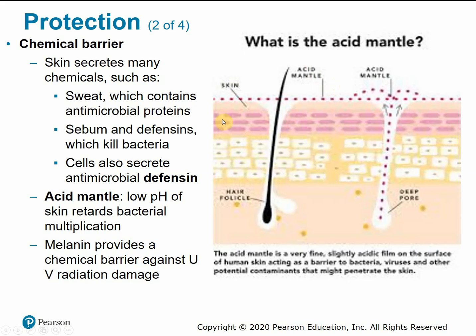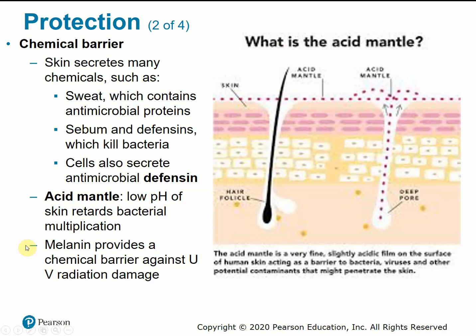We also have what's called the acid mantle that helps prevent bacterial invasion of the skin surface. Basically, the secretions of the sweat and the sebum make the skin surface very acidic. The bacteria don't like to live in that type of pH environment, so they won't want to colonize our skin surface.